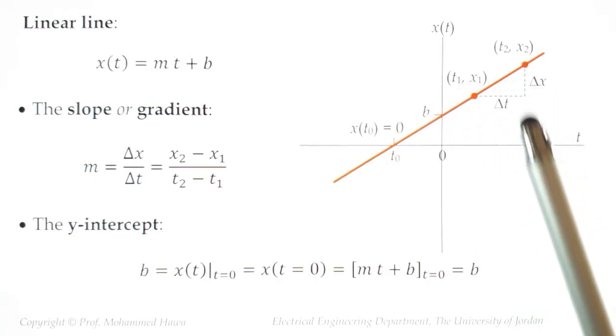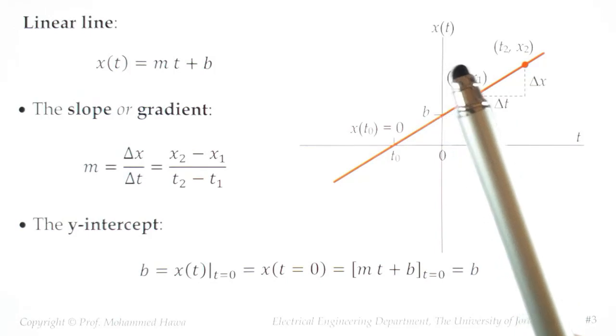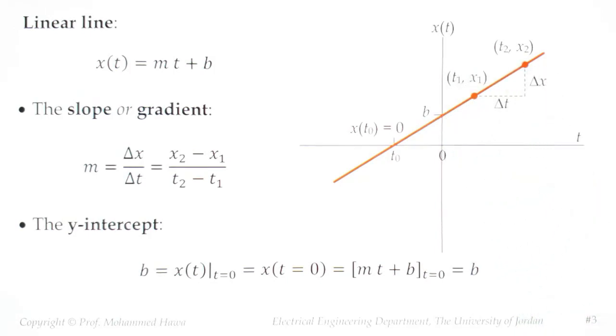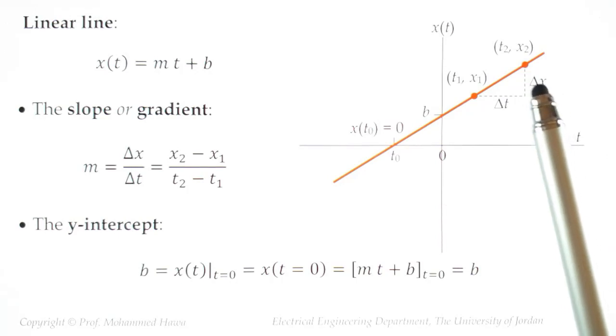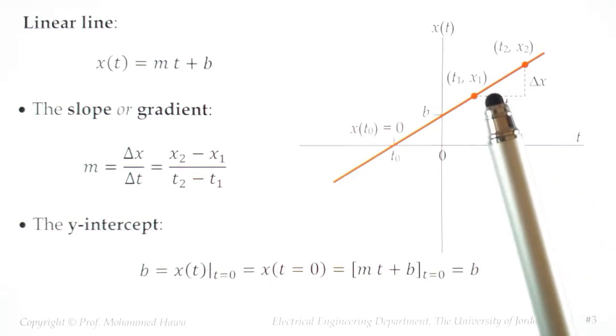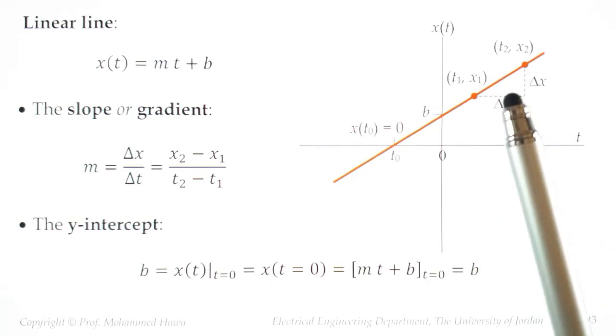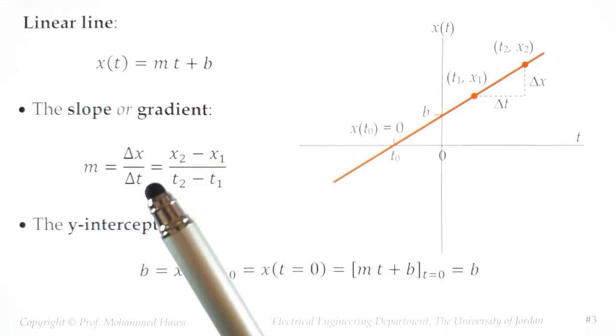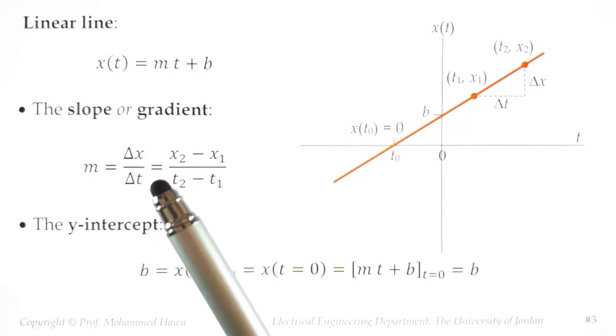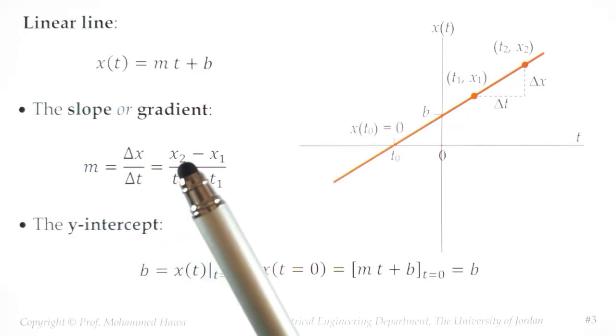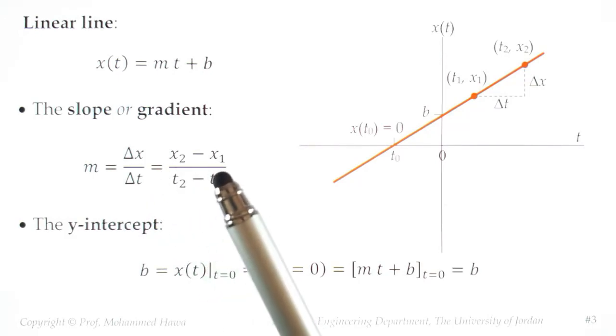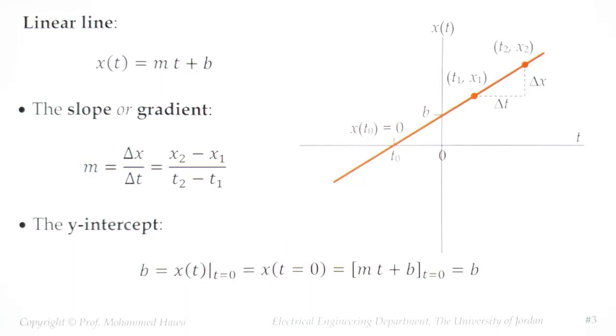I also take t2 and x2, and then you find the difference between x2 and x1. That's delta x, you can see here. And then you find the difference between t2 and t1. That's delta t here. If you divide delta x by delta t, what you're getting is the slope of that linear function, which is x2 minus x1 over t2 minus t1. Any 2 points would work just fine over this line to find the slope.